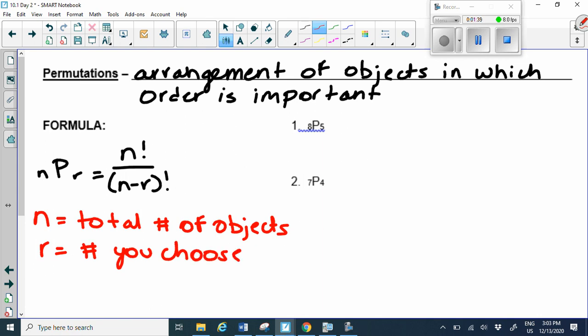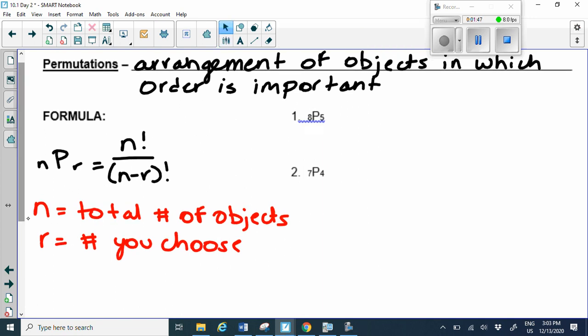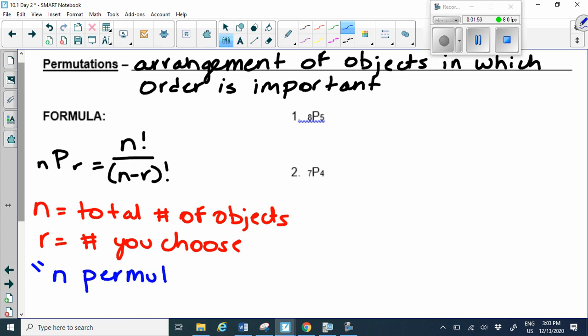Now, what does this really say, NPR? Really what this is saying is N permutations of R, or N pick R. That's another way of saying it.